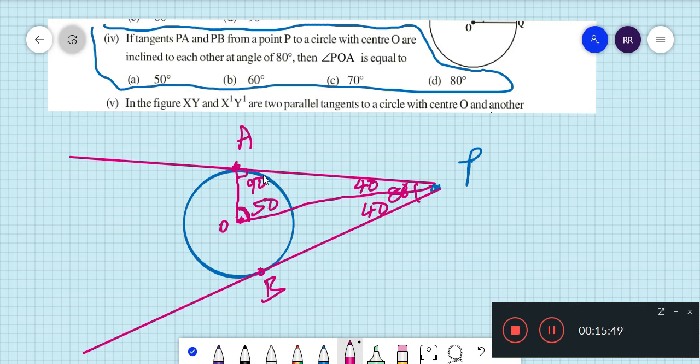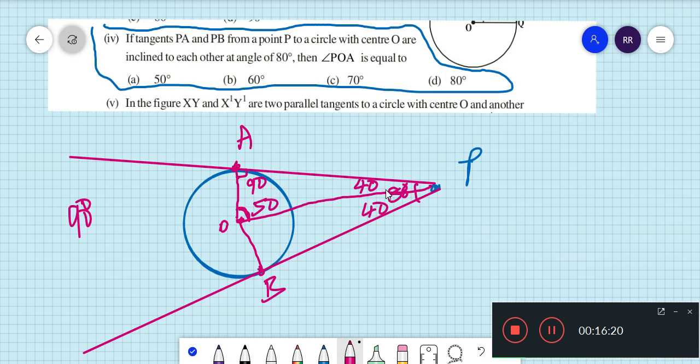See, look here. This always will be 90. This is the angle 80. This line is also a radius. This line bisects the angle. So it becomes 40. So this is a triangle. In this triangle, this is fixed 90 degrees.